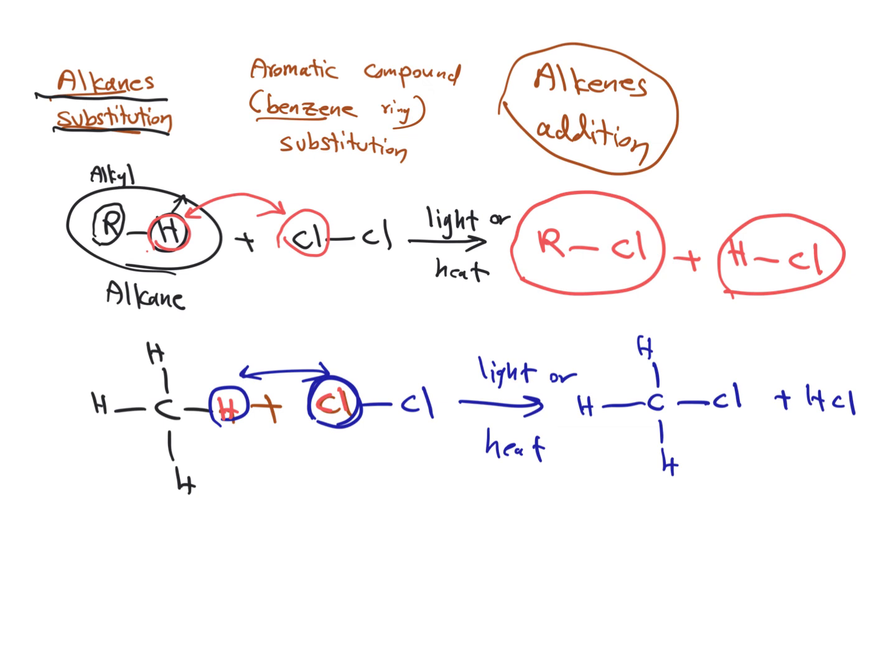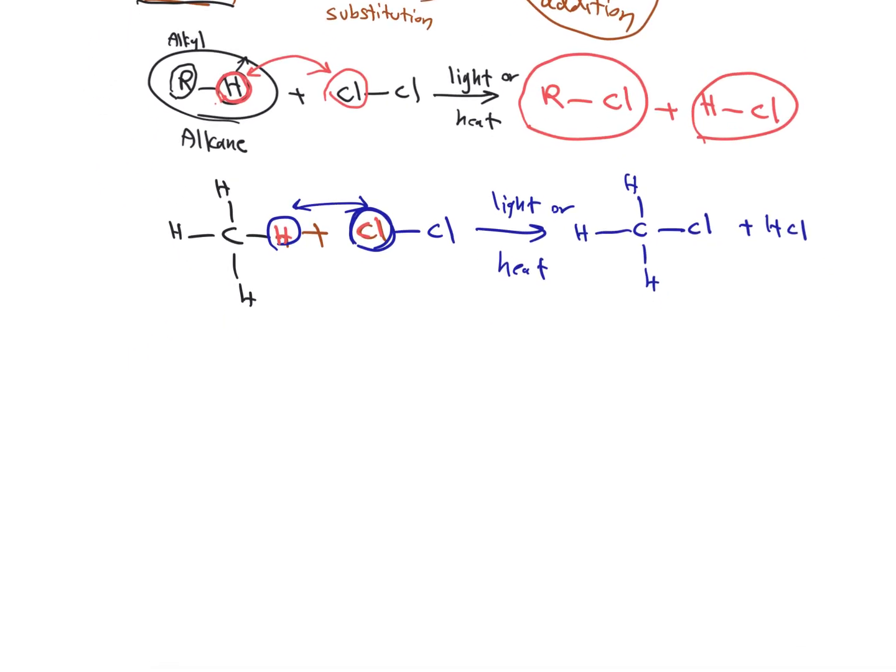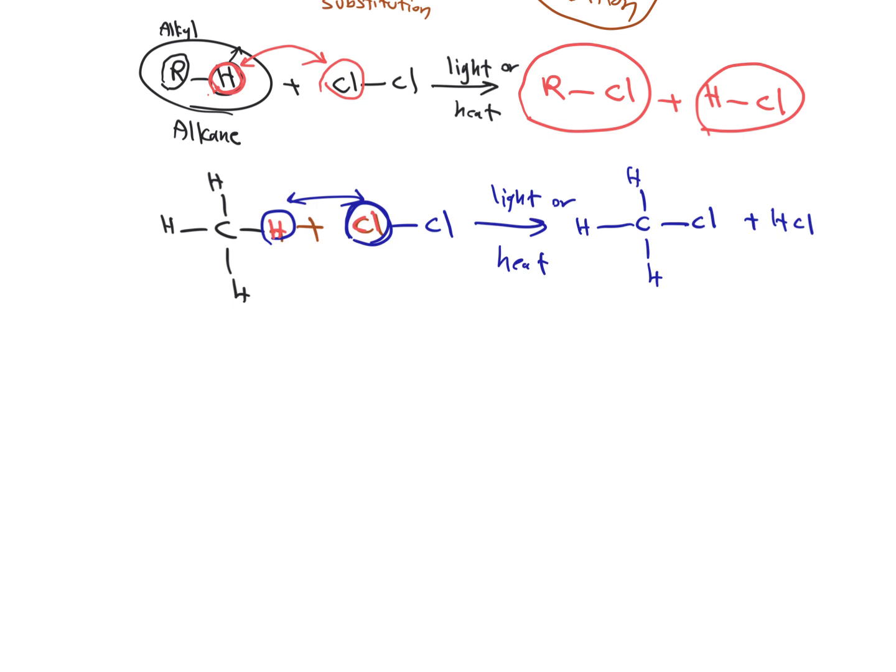And one thing that I asked you in the exam, and I'm going to keep asking you, is that when we have enough chlorine molecules or bromine molecules, depending on the halogen, the reaction of an alkane with a bromine molecule we call a bromination reaction. In general, if you have an alkane plus a halogen, this reaction we call halogenation.